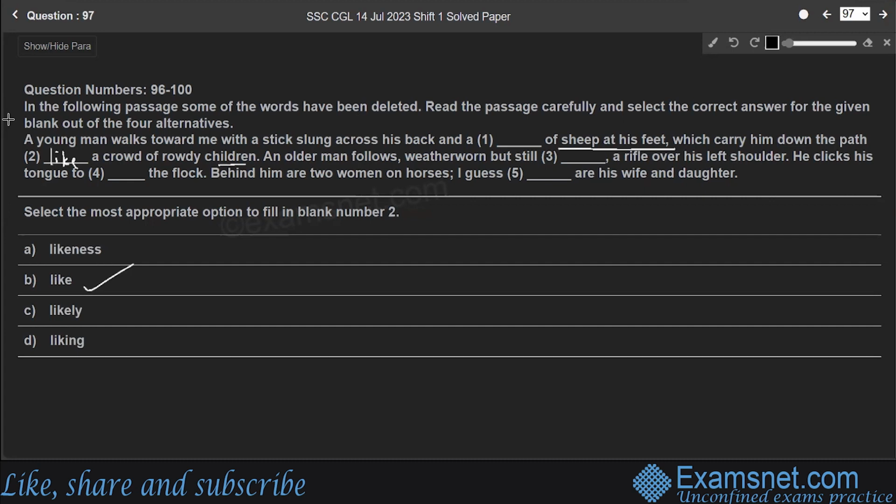Therefore, it is used to show the way the young man with the flock of sheep at its feet is moving down the path in a manner similar to a crowd of rowdy children. Therefore, like is used here, right? So, moving further.